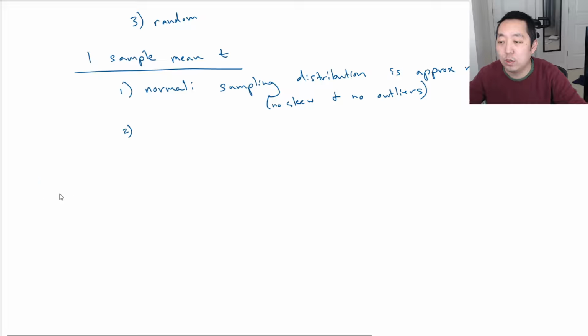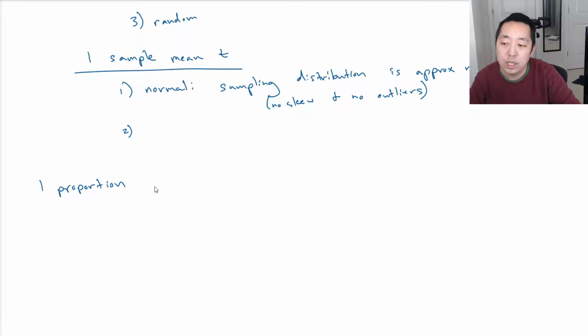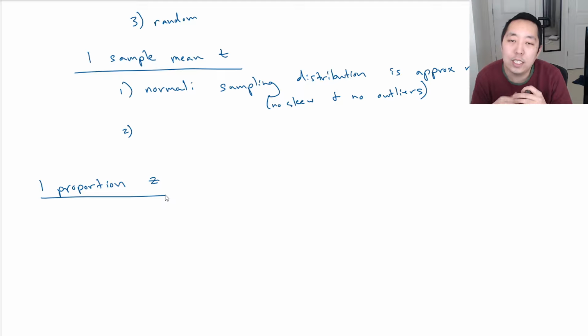Now we move on to the one sample proportion, or one proportion. And this one is z. It's never a t distribution with proportions, and I want to explain why. When you're doing proportions and a yes-no or binary outcome, really what you're doing is a binomial distribution.